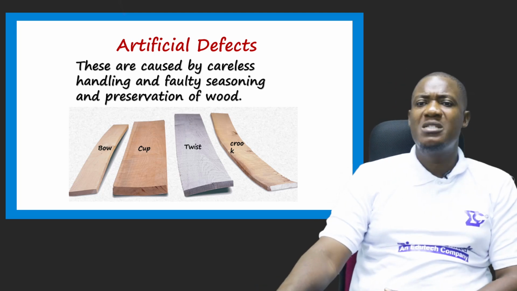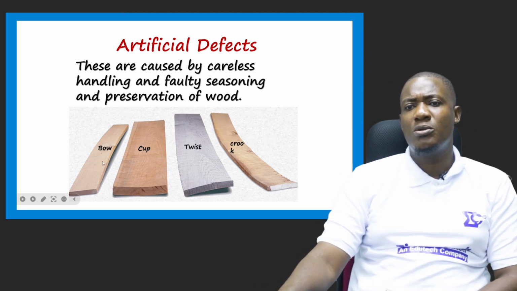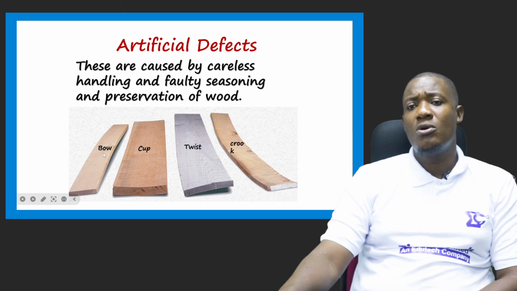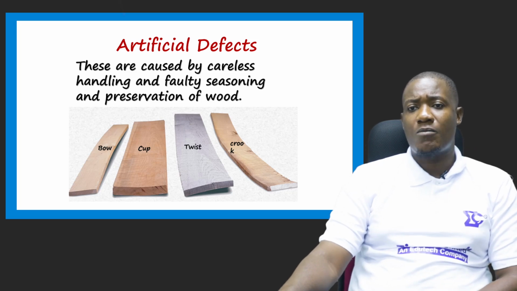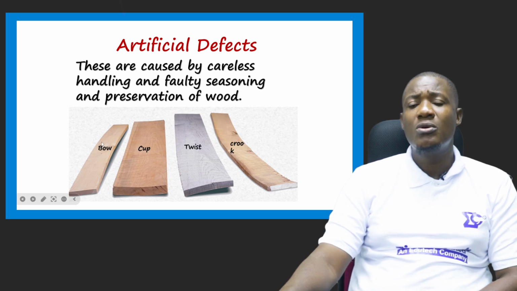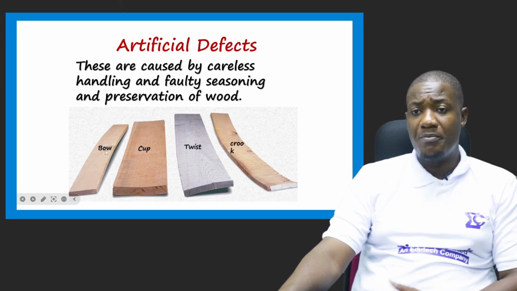So we have this defect of timber we call bow. Can you see that this particular timber looks like a bow? It's a defect. You cannot use this for an engineering purpose without it giving you a problem.